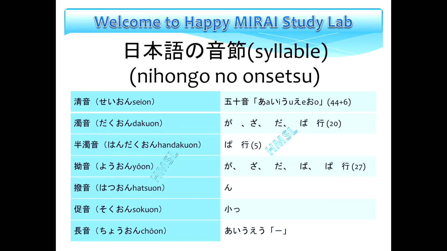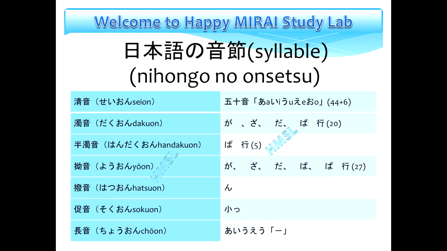And again there is another very important one. However, a lot of textbooks will probably include it under the 50 alphabet chart, which is the hatsuon, ん. This one doesn't really stand out. You don't use it by itself.